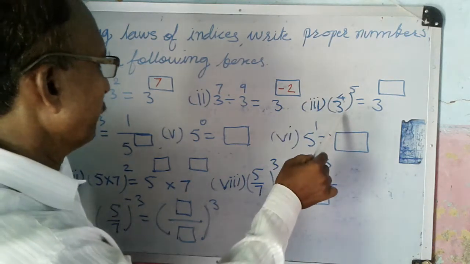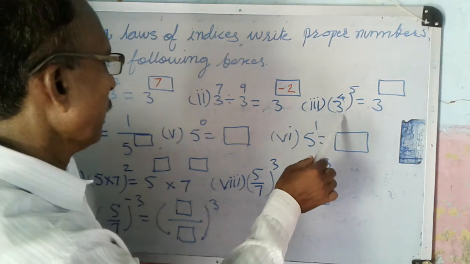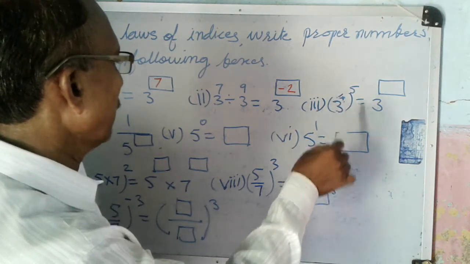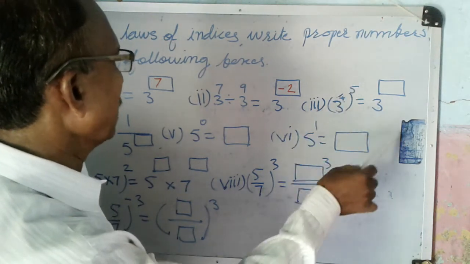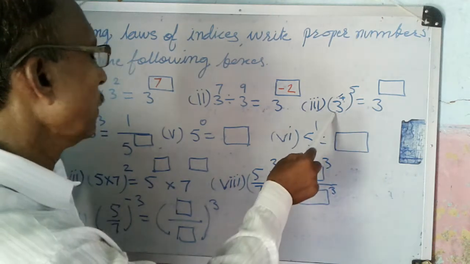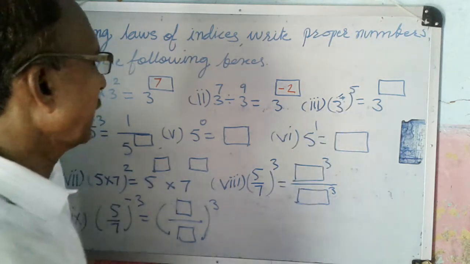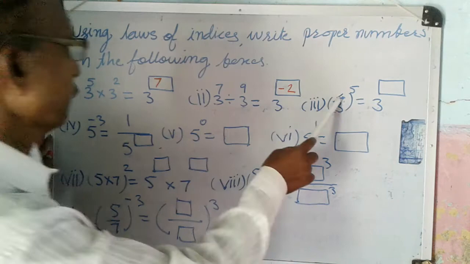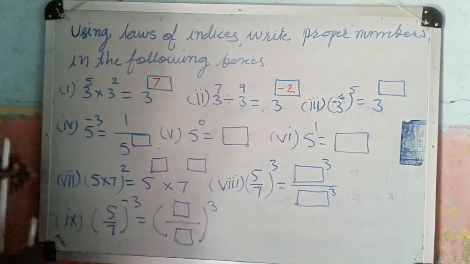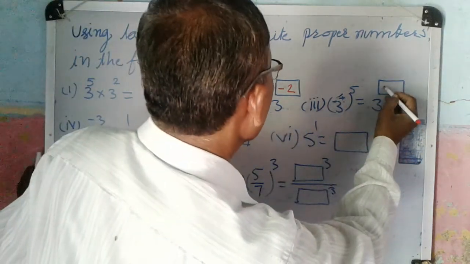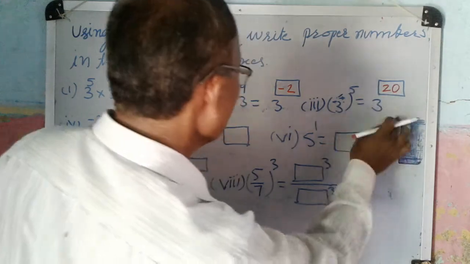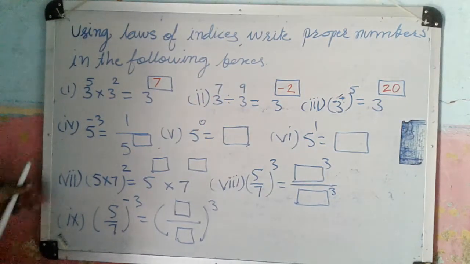According to the law, a raised to m raised to n is equal to a raised to m into n. So you have to multiply these indices. That means 4 fives are 20. 3 raised to 20. So the base stays as it is.